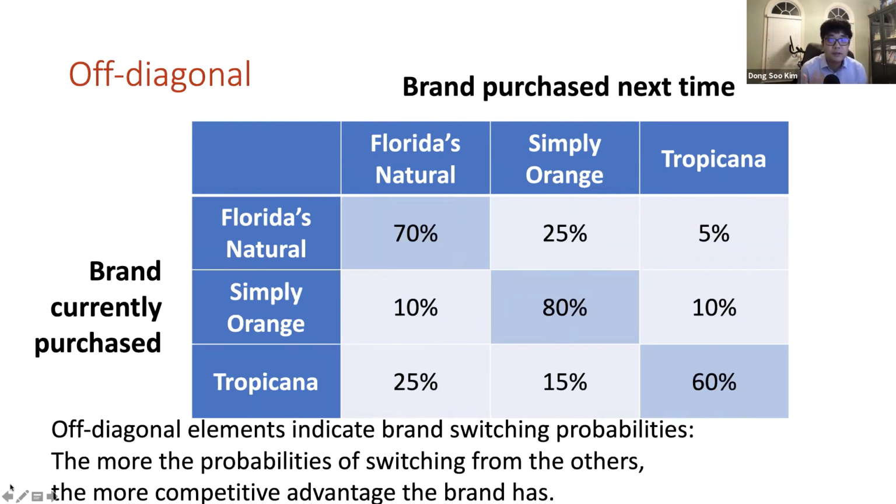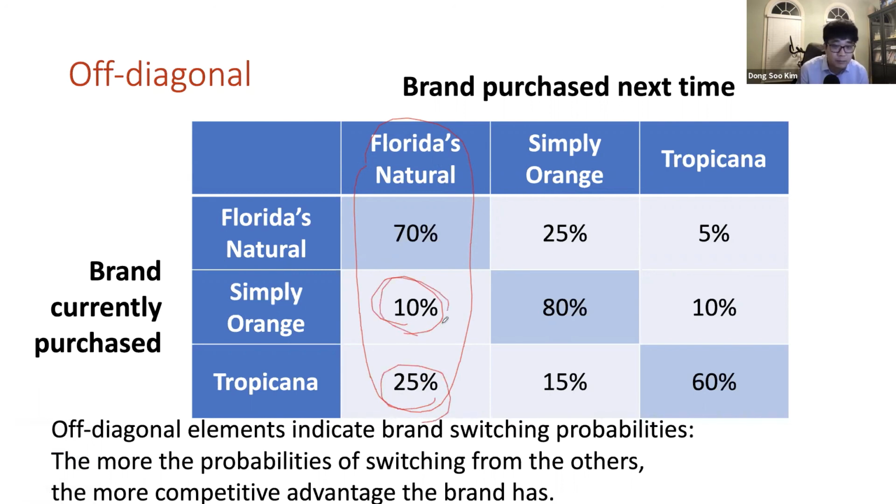For example, let's look at the column of Florida's Natural. Its off-diagonal probabilities are 10% and 25%.